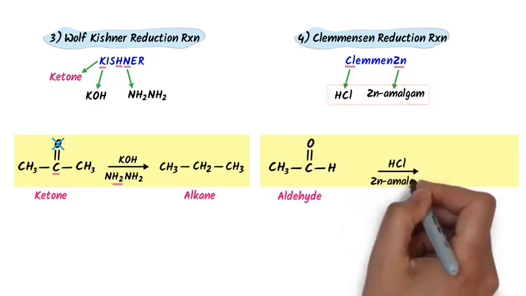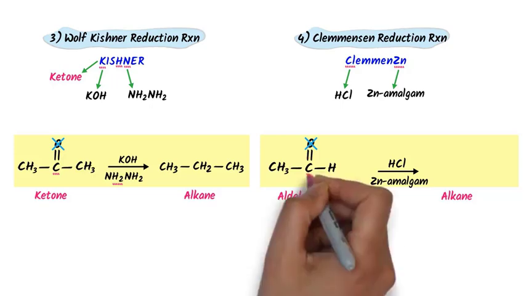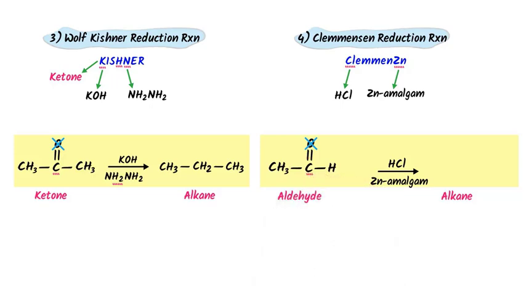I write them here. We know that the Clemmensen reaction is a reduction reaction. By reduction, I mean reduce or decrease the aldehyde. I remove this oxygen group. The remaining part is CH3CH. We know that this C needs two more hydrogen atoms, which are not present in the reactants, so I place H2 or hydrogen gas here.